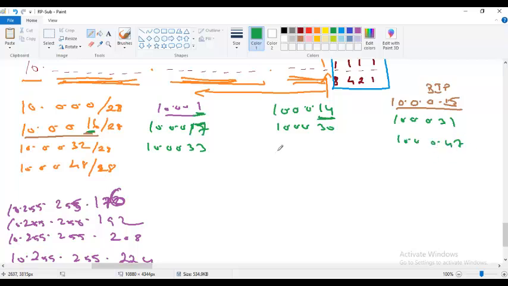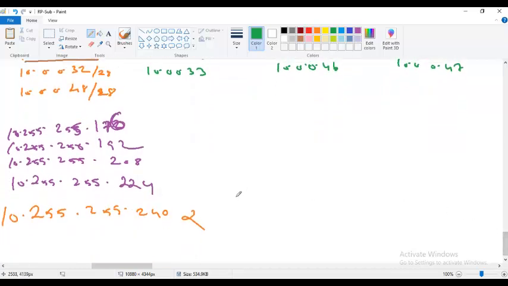10.0.0.46. Right, just 3 is enough, and similarly write the last 3. 225 is the first IP. The broadcast will be .239, isn't it? Correct or not? Okay.